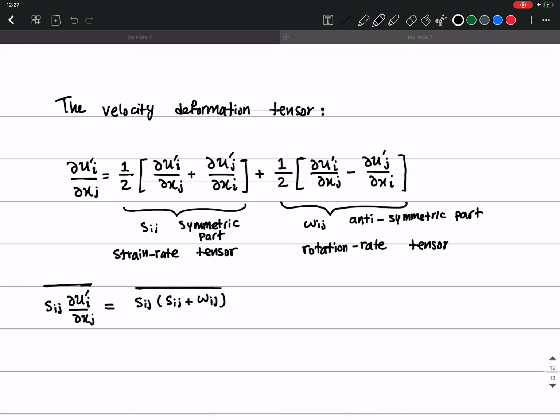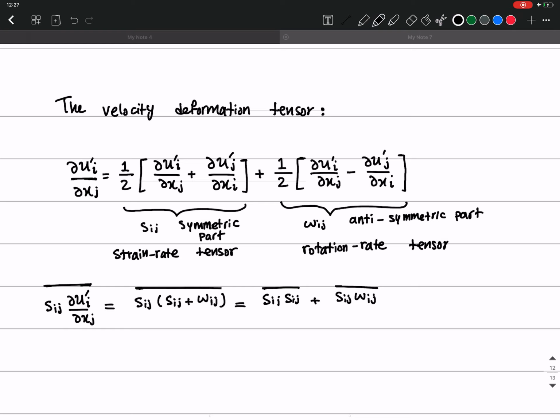So this equals to this, and I can just expand the terms, Sij Sij bar plus Sij omega ij bar, okay?